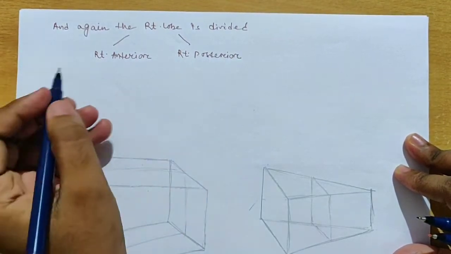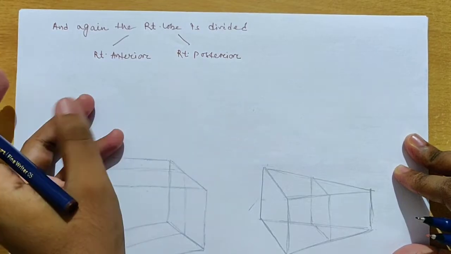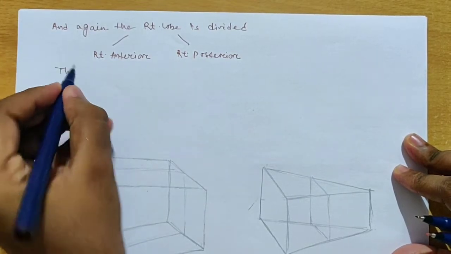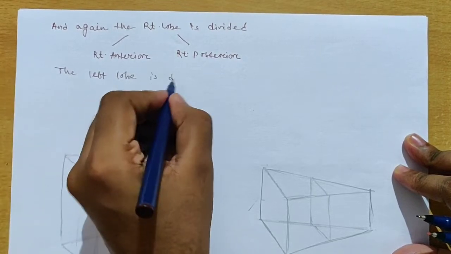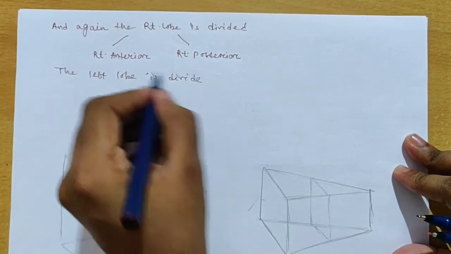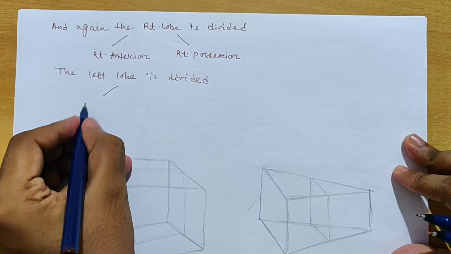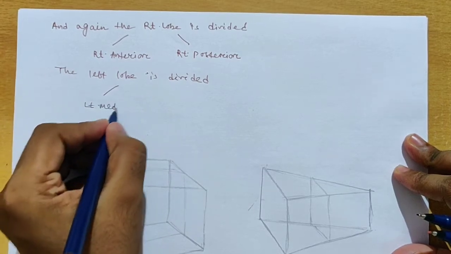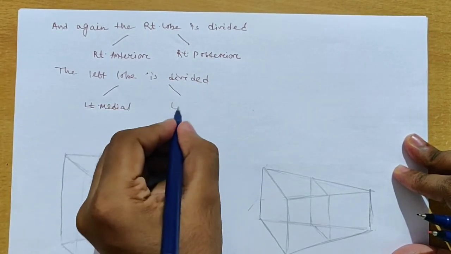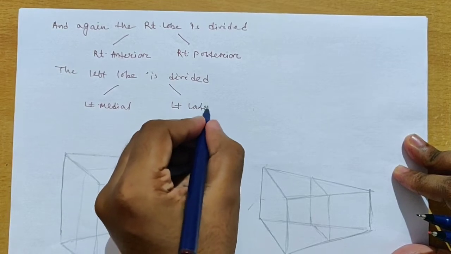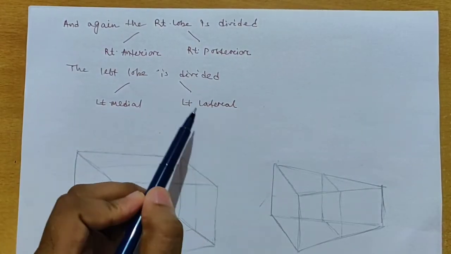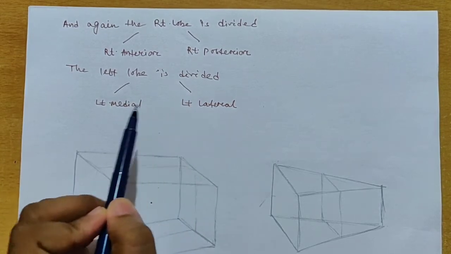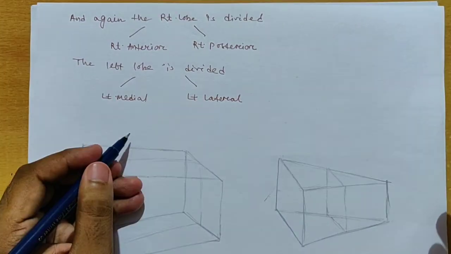It is divided into anterior and posterior as it has the blunt surface, and the left lobe is divided into left medial lobe and left lateral lobe. As the left lobe is pointed, it is feasible to divide it into medial and lateral.